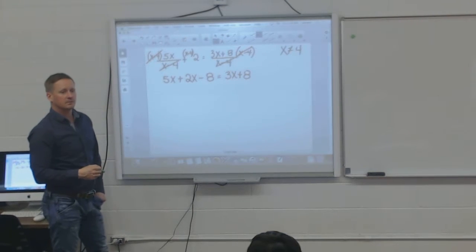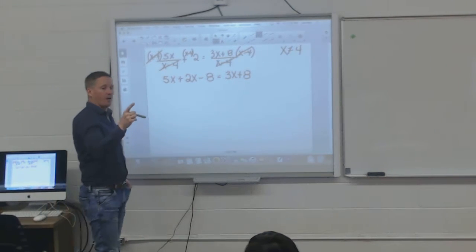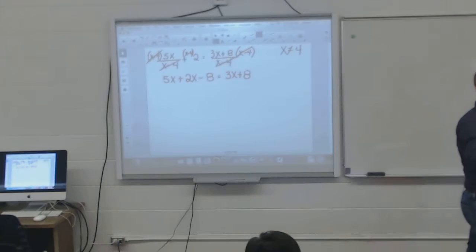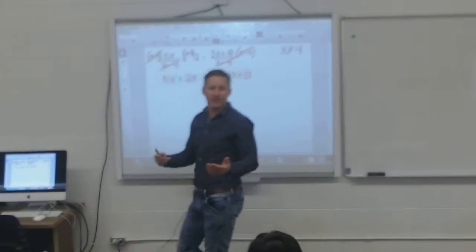Collect the like terms. Okay, now, if one of those expressions is a quadratic, a squared value, then I definitely want to get it equal to 0. But because I only have x's here, I want to get the x's on one side and the numbers on the other. Okay? So this is like a linear equation now because I only have x's.